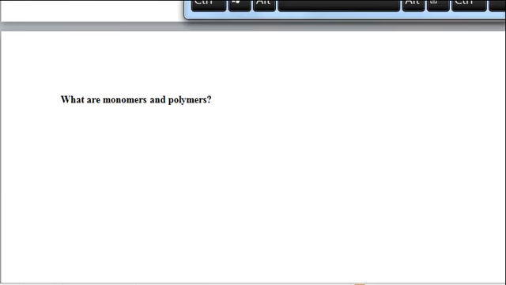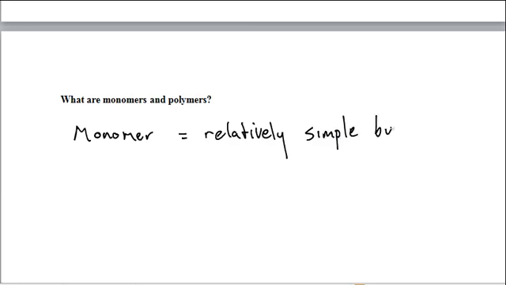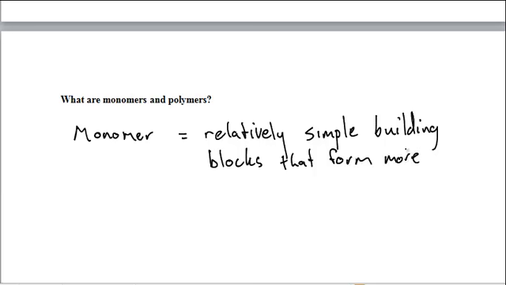So, monomer equals relatively simple building blocks that can come together to form more complex molecules.